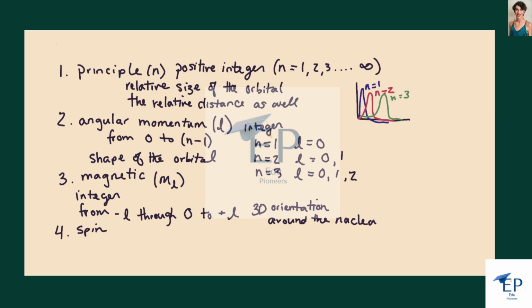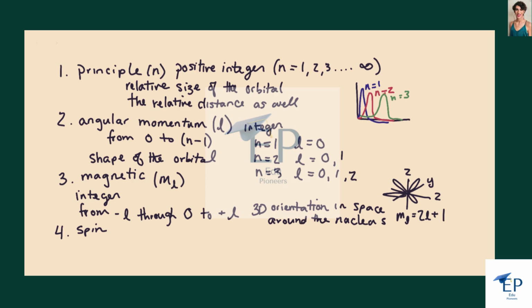And when it says 3D orientation, it means in space. So when we're talking about the X, Y, and Z axis, it's talking about exactly which planes these would go in. And so the number of values of m sub L is equal to 2L plus 1.